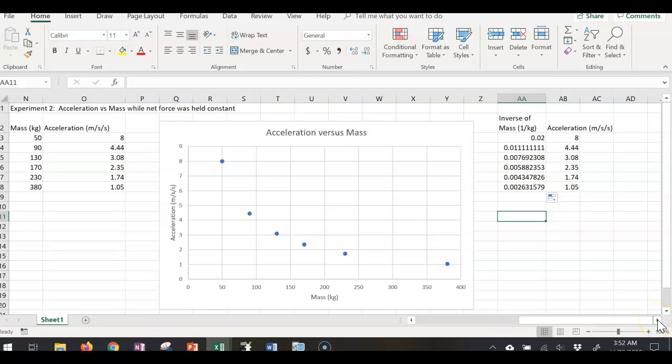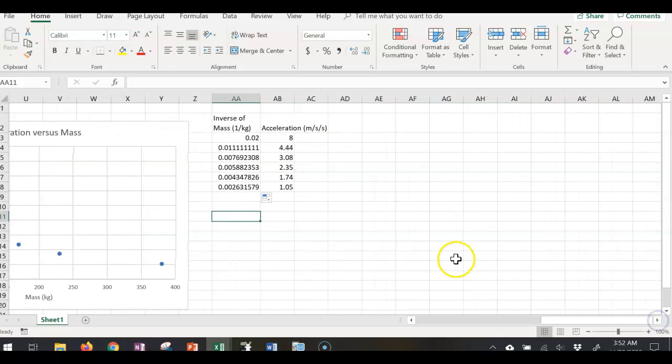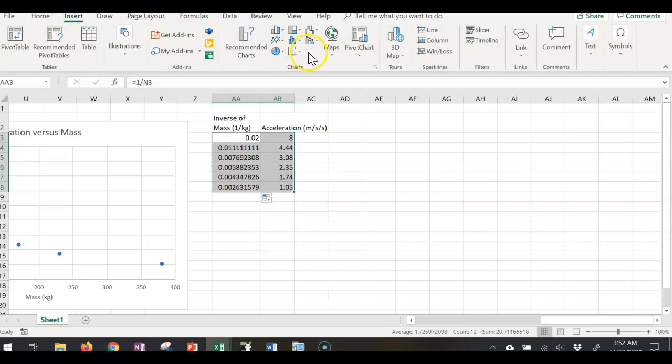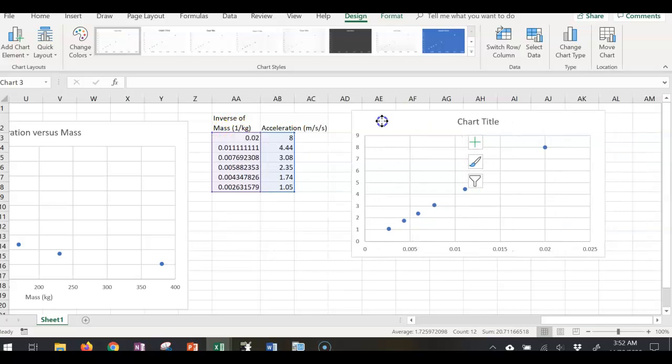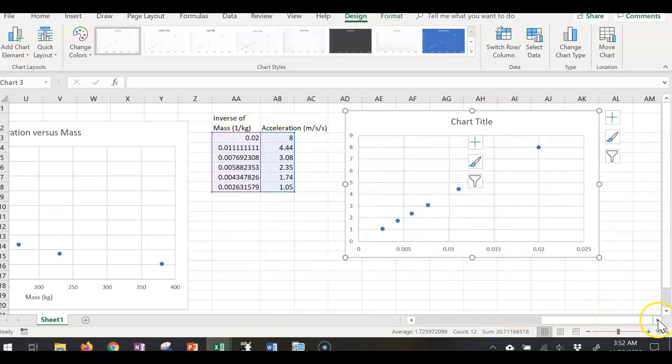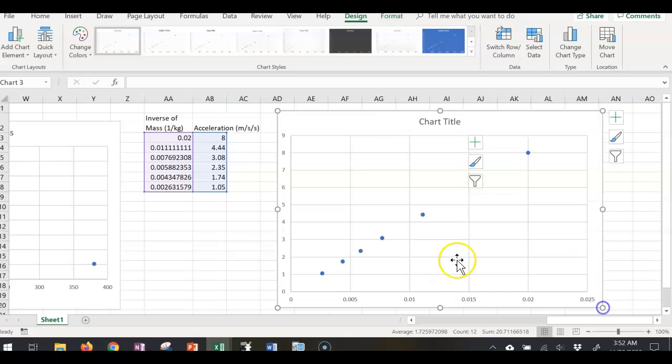Once we have transformed the data this way, we need to get a scatter plot. And so I'm going to go back and highlight those values and insert a scatter plot. Oh, look at this. It's so pretty. Now we have a linear relationship, right? A linear graph.